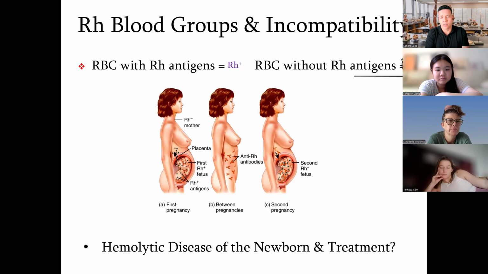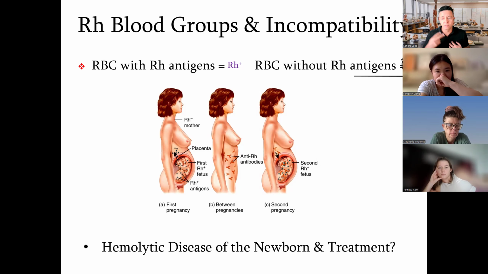Now, what is the issue then? The issue is you can only receive Rh positive blood one time in your life. Because once you get that Rh positive blood, you will start developing antibodies against the Rh antigen. Let's say you need blood again a second time.